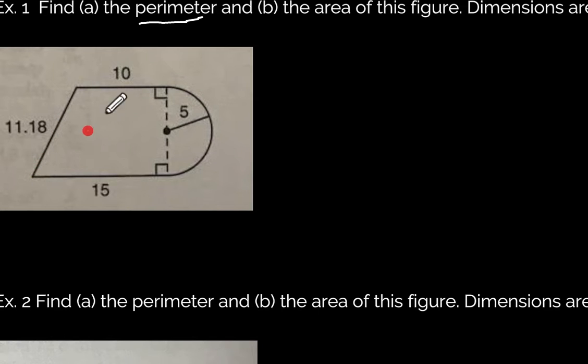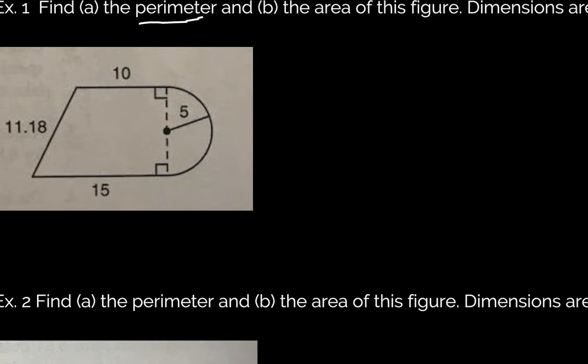It's not the area inside. If you would just make this a bunch of strings and lay them out, that would be the perimeter. So we're going to add this side plus this side plus this side, and we're going to do half of the perimeter of a circle.